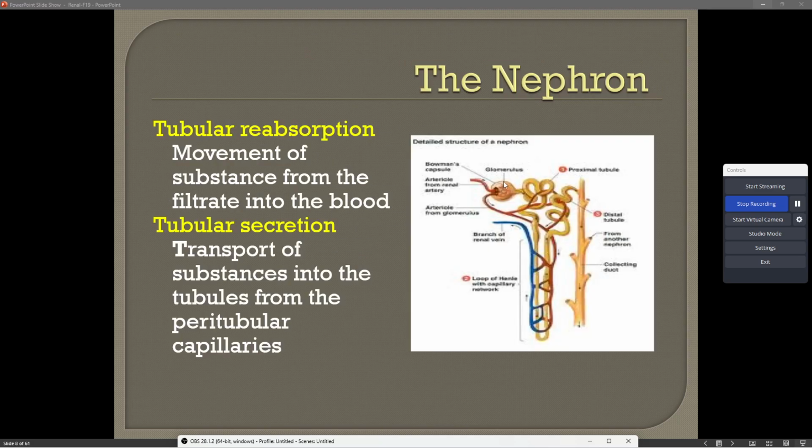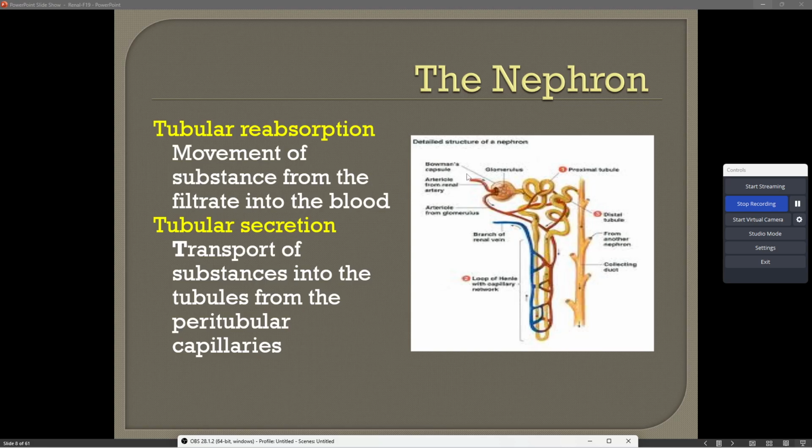So, what do we have? We have the nephron. This is kind of a small picture. I can't blow it up any more than this, but you do have the ability to blow it up if you'd like. So we have what's called tubular reabsorption, and we have what's called tubular secretion. What happens is essentially we have an artery coming off the aorta, coming into the kidney via the renal artery. Then we're going to break off into arterioles.